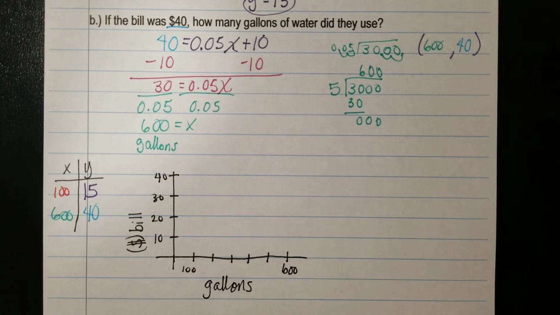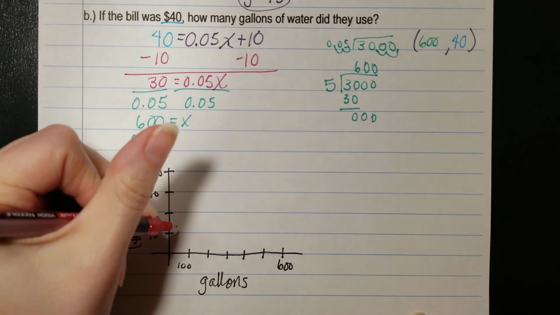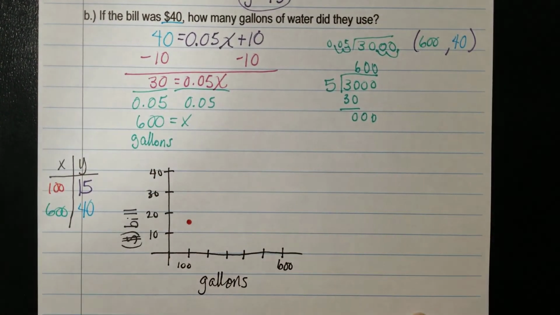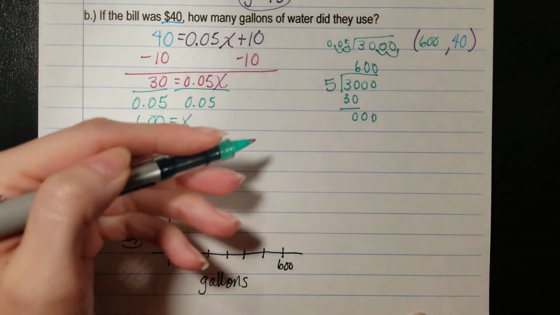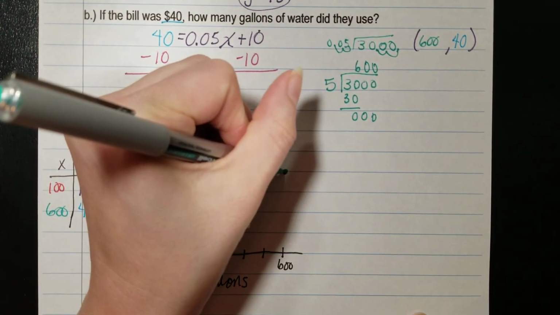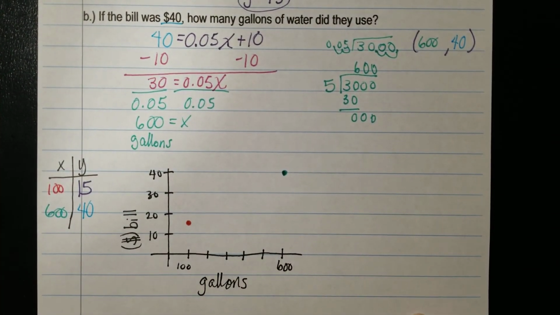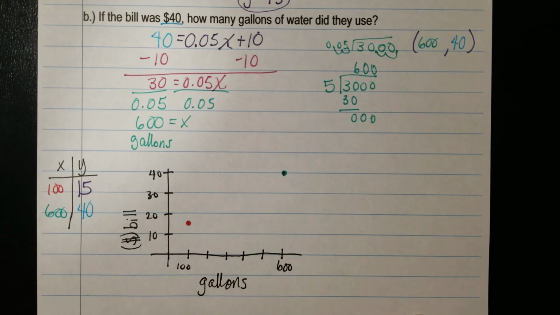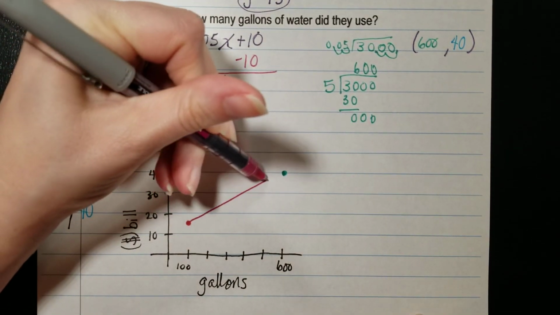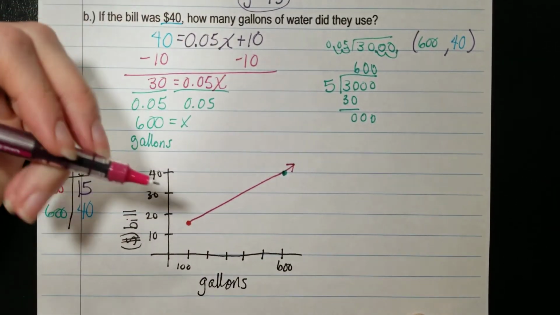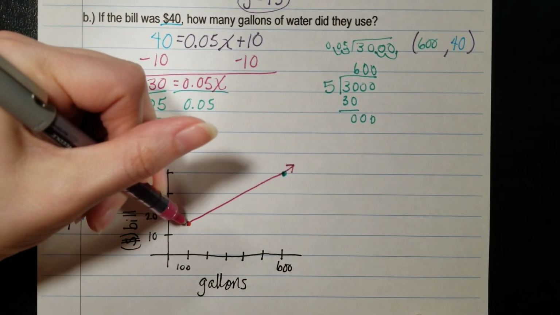So when X is 100, Y is 15. So that would be right about there. And when X is 600, Y is 40. And that would be right about here. And then I'll just go ahead and draw the line. And it would go to right here.